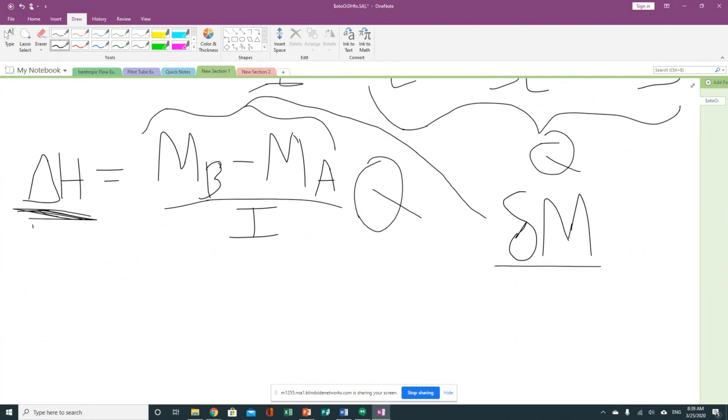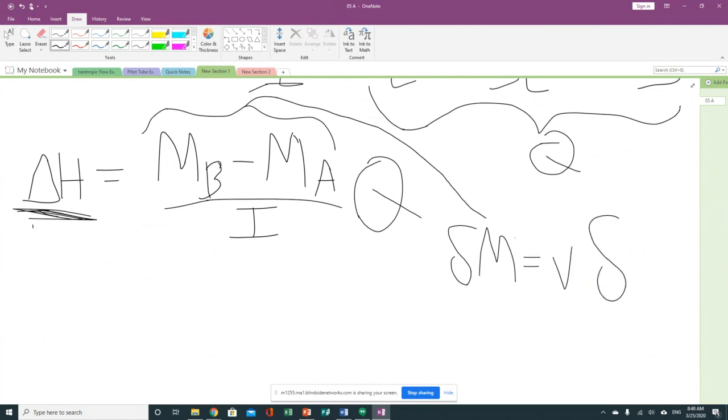We know that dM/dx is like a shear force, right? We defined that back when we were looking at shear and bending moment diagrams. So therefore, if M_B minus M_A is a difference in moment, or a dM, that dM is equal to a shear force times dx, right?